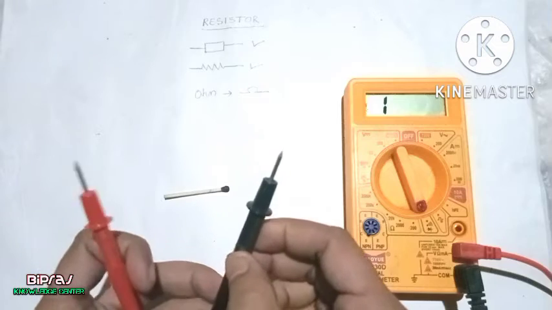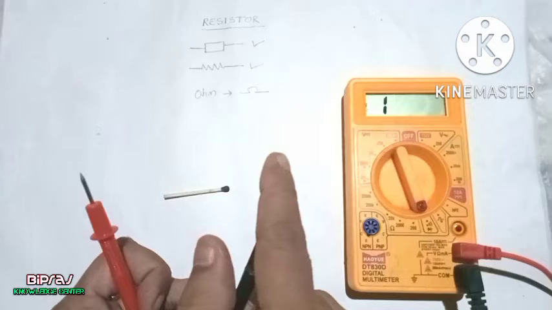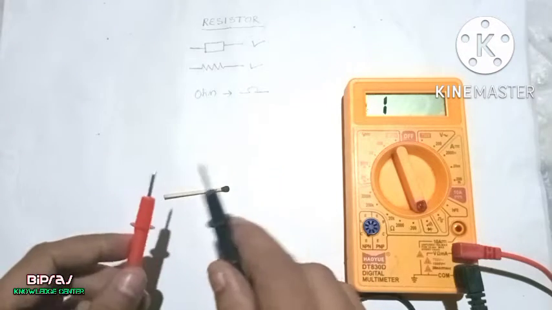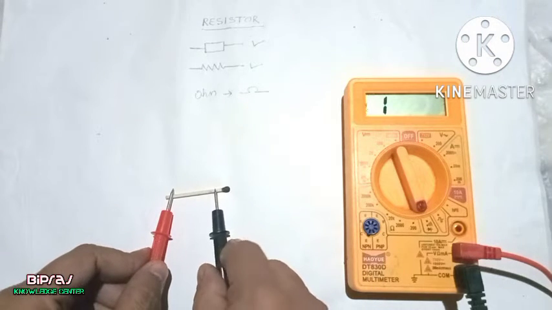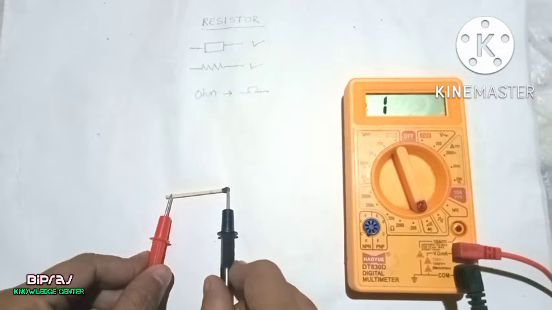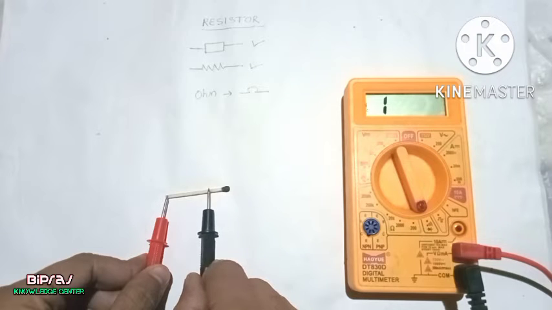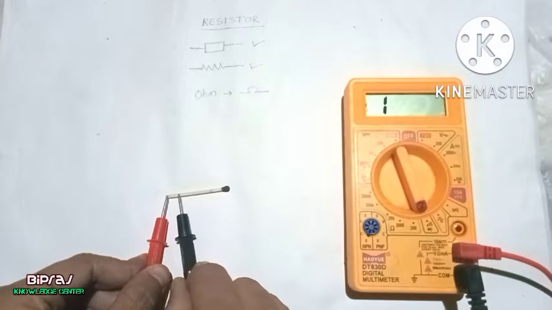As I said before, the current flows through one probe to the other. So here you can see there is no change in resistance across its two ends, even across its whole length.